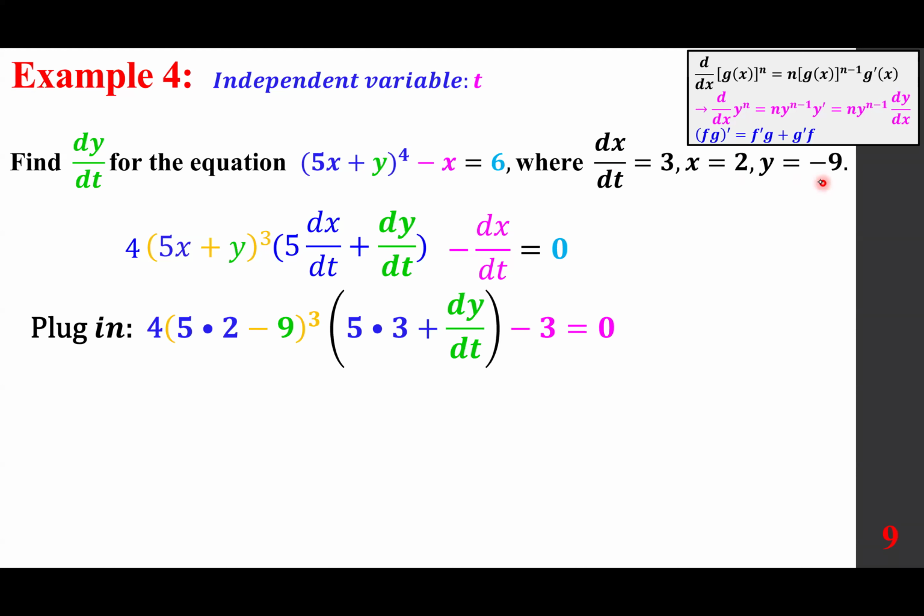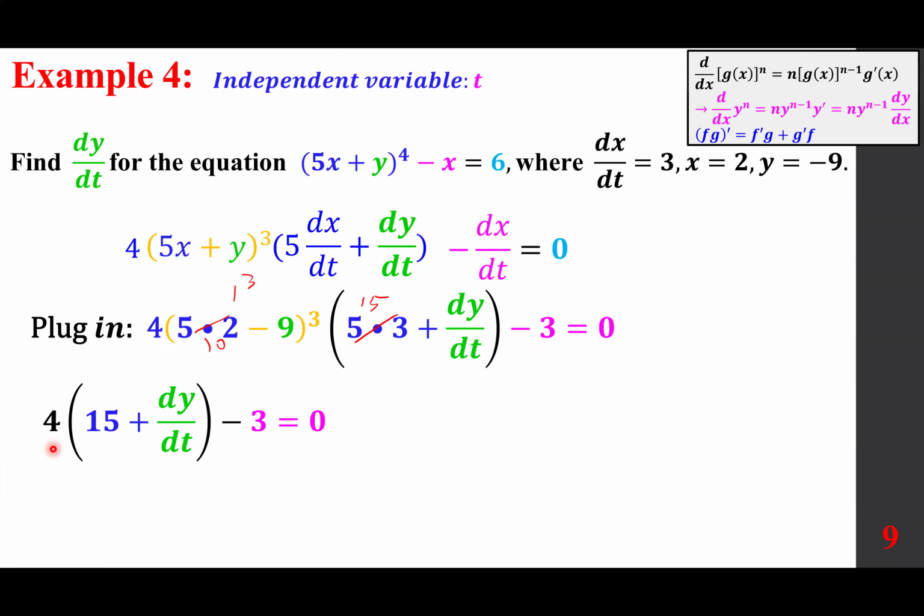All right, so this is 10 minus 9 is 1, and 1 cubed is 1, so it has no bearing, and this is 15. So we get 4 times, this one is 1, we don't even have to write it, parentheses 15 plus dy/dt, minus 3. We are going to distribute the 4.